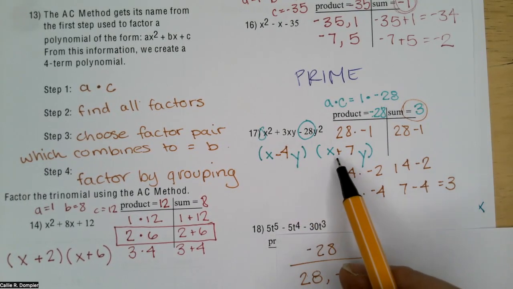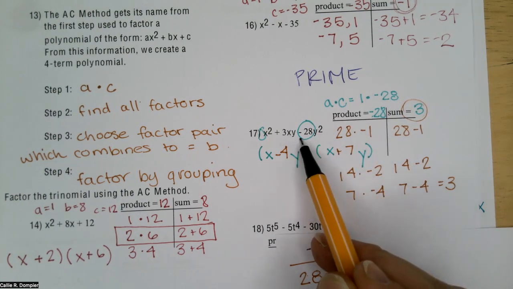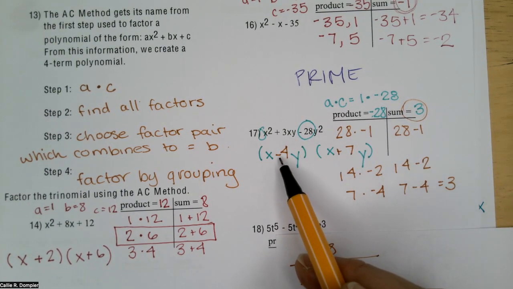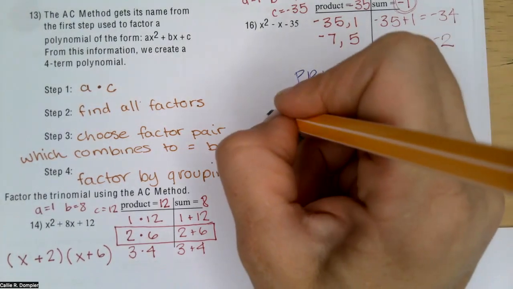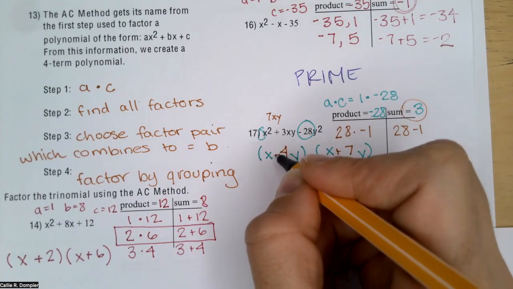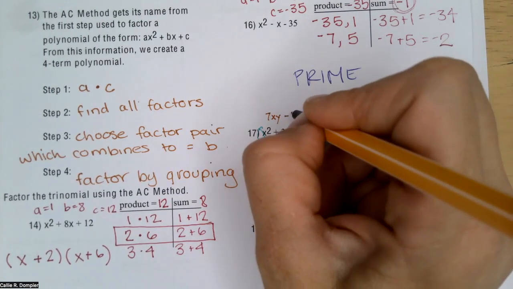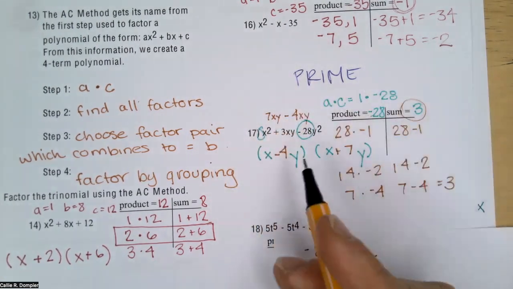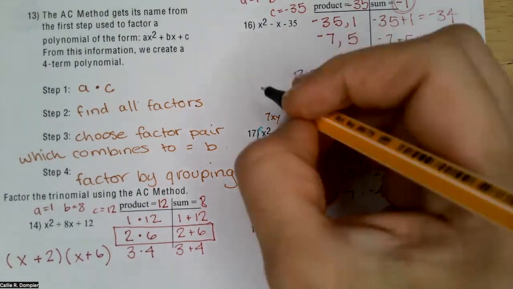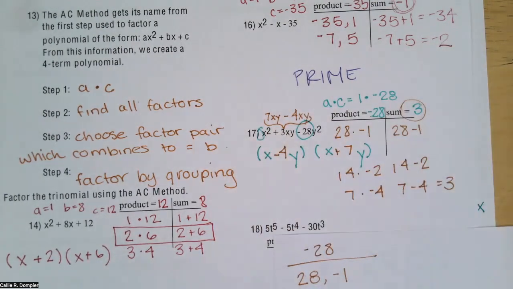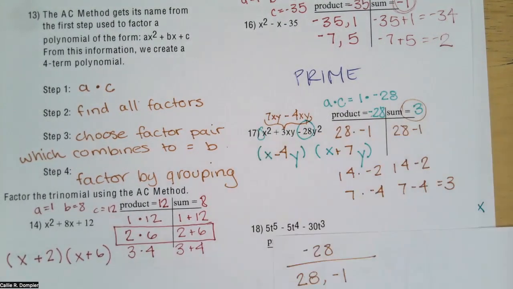Negative 4y times positive 7y will give me negative 28y squared. X times 7y will give me 7xy. Negative 4y times x will give me negative 4xy. Those are like terms. 7xy minus 4xy will give me positive 3xy. And obviously x times x gives me the x squared.